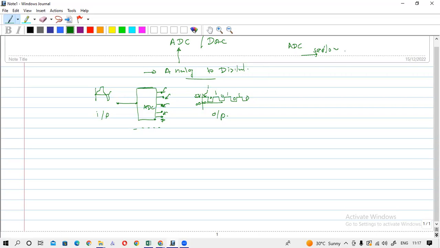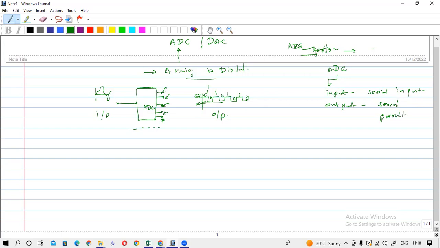I'm talking about the ADC input and output, so don't get confused. The input of the ADC should definitely be serial; the signal should be fed serially. The output may be serial or parallel.